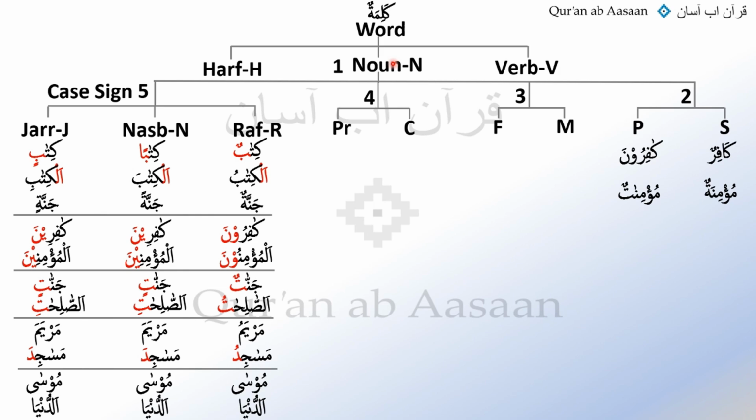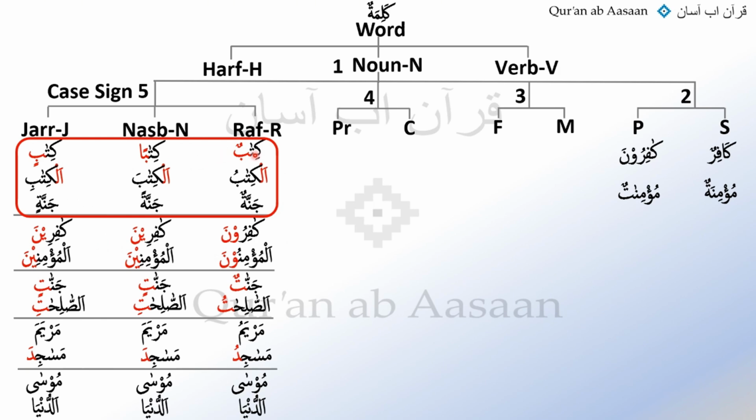And once we identify any word in Quran to be a noun, then we learned how we can tell if it is singular or plural, if it's a male or a female, if it's common or proper, and finally, what is the case sign of that noun. And how do we tell the case sign? By looking at this part of the chart. We did that, yeah? It was quite straightforward.